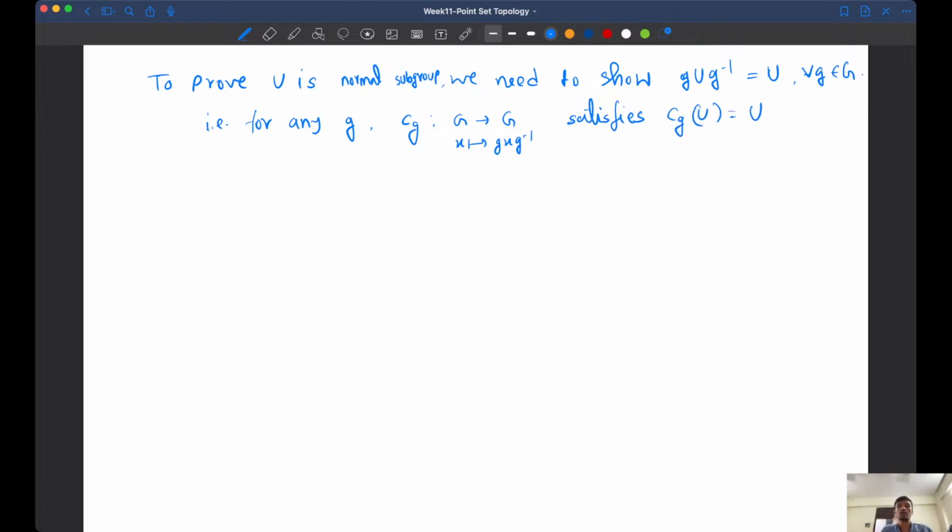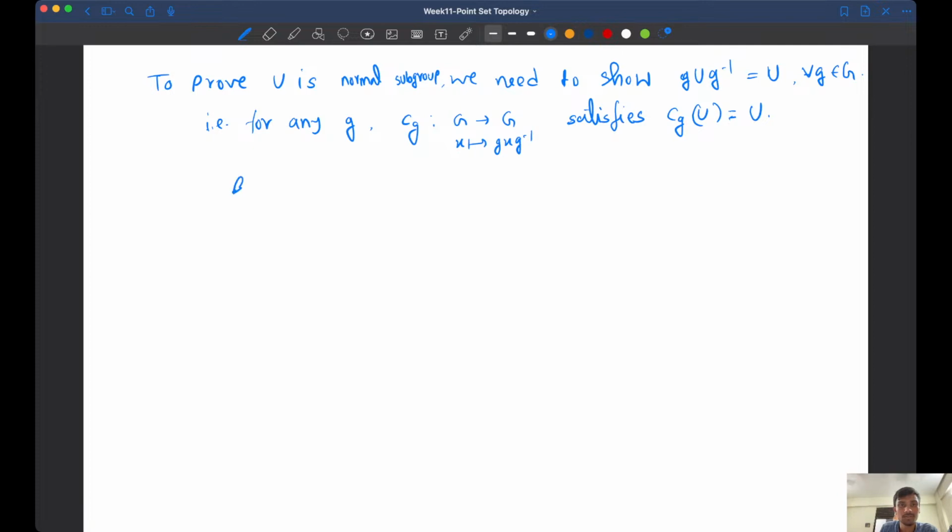Now why this C g U equal to U? Again from the maximality, can you say something? So this C g, you can check easily, like the left multiplication and right multiplication, is again a homeomorphism.